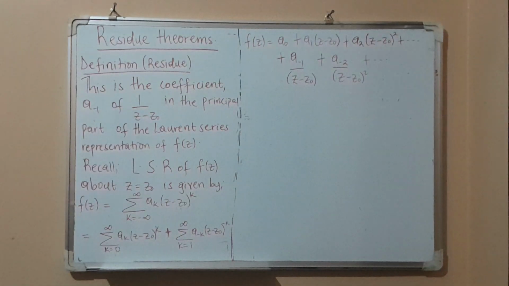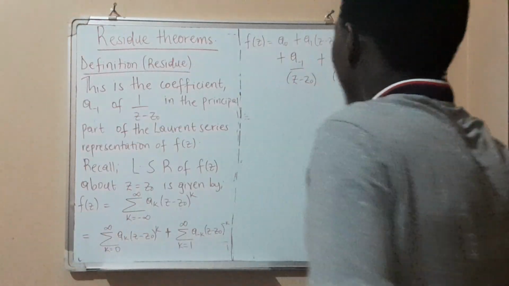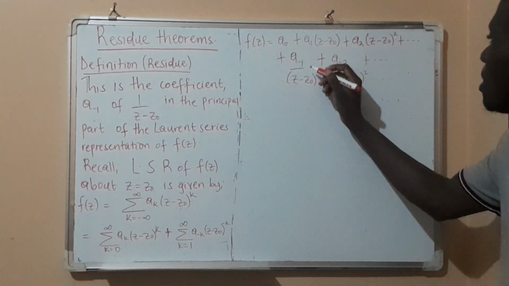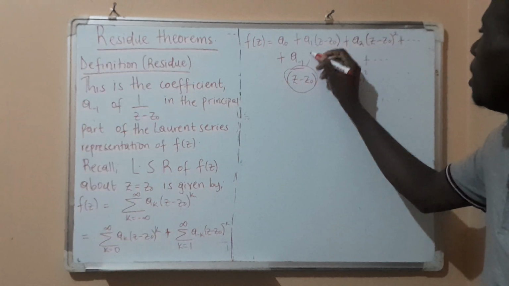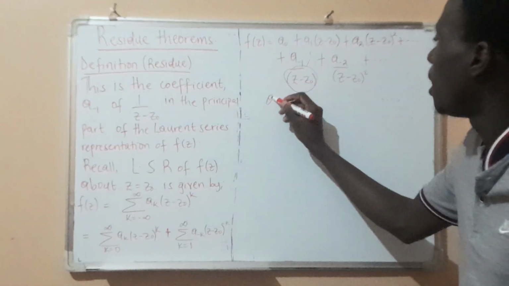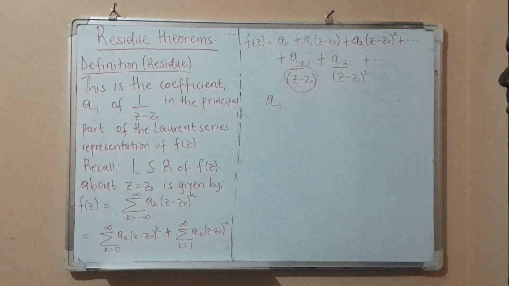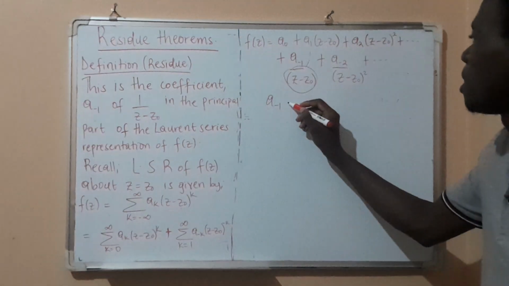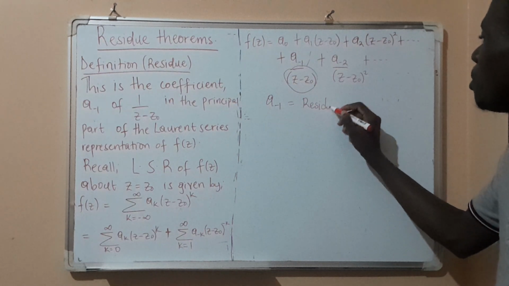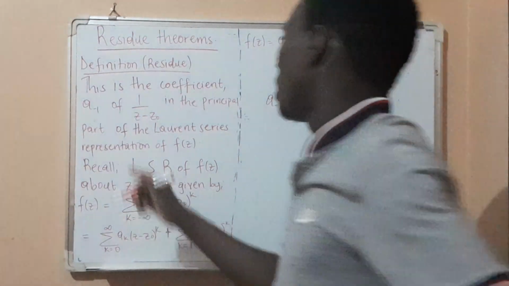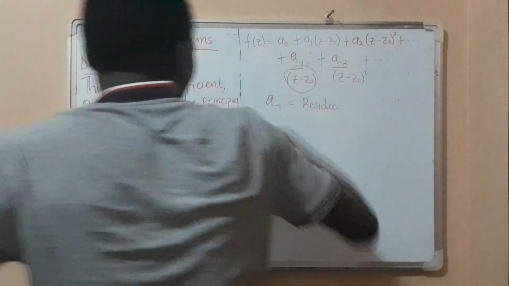So what is a residue? A residue is the coefficient of 1 over z minus z naught, the coefficient of this term here. In simple terms, a -1 is a residue. So by definition, a residue is the coefficient of negative 1 of this term here.